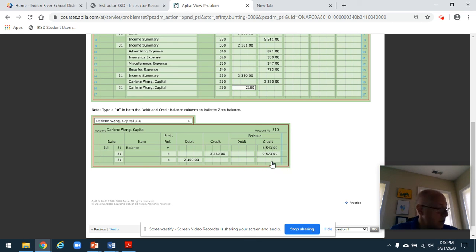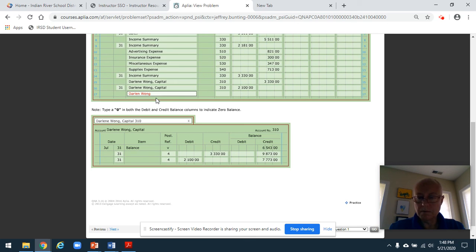And then that reduces Darlene to, I think it's 6773, but let me look to be careful. Up 7773. Okay, so we got a net increase in our net worth. And then finally, Darlene Wong drawing.